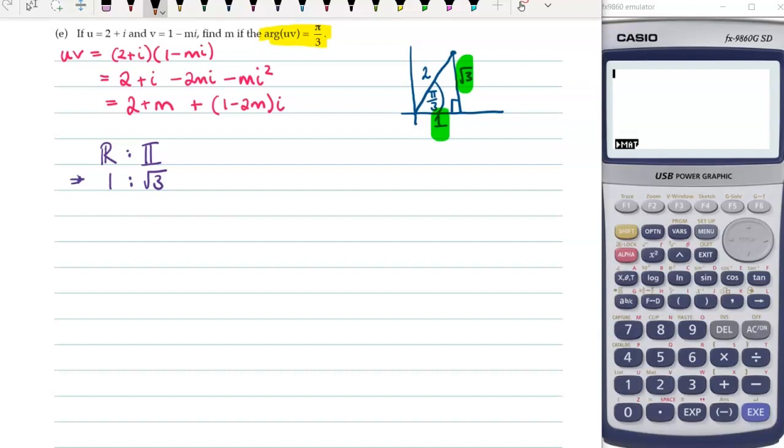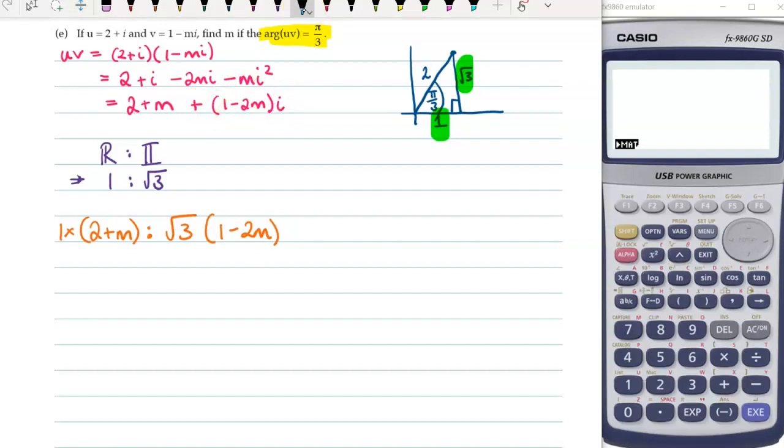Now, if the real part of this was 2 plus m, then the imaginary part would be, this is like saying 1 times 2 plus m. The imaginary part would be √3 times, what is it, 1 minus 2m here. So this bit here.